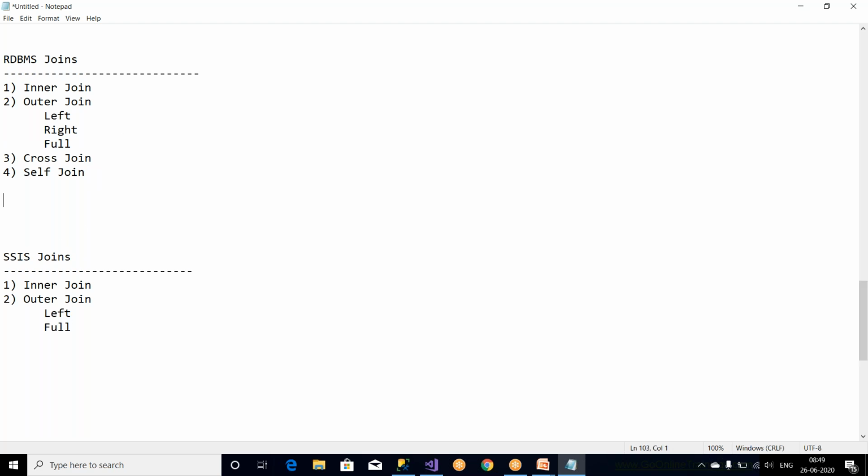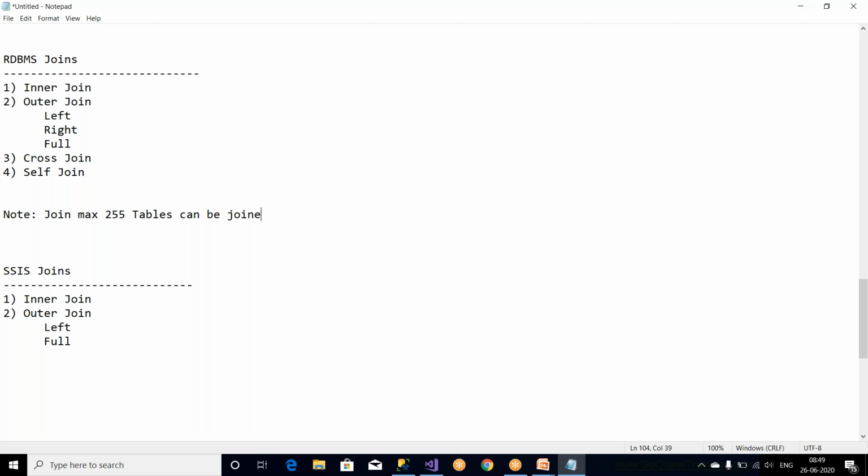In RDBMS, the maximum number of tables that can be joined is 255. Clear? So that is the maximum here. In SSIS, at a stretch, a maximum of 2 tables can be joined, not more than that.